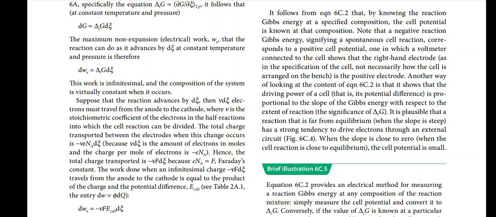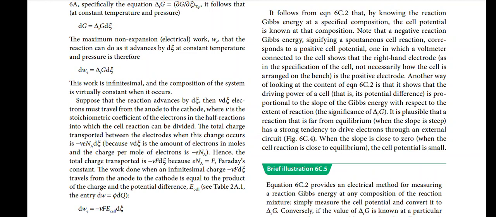Another way of looking at the content of equation 6C.2 is that it shows that the driving power of a cell, that is its potential difference, is proportional to the slope of the Gibbs energy with respect to the extent of reaction. The significance of delta r G.